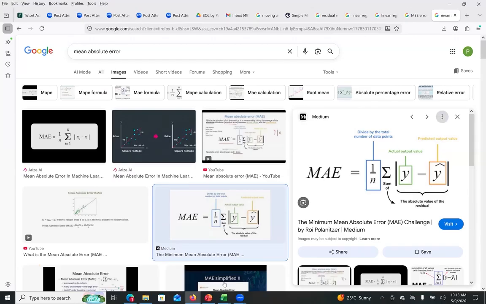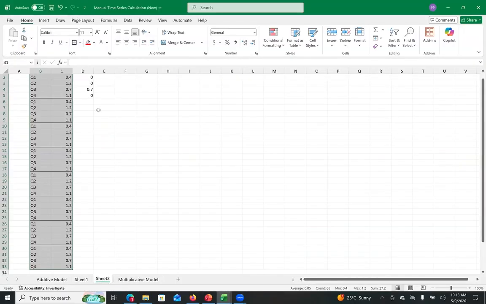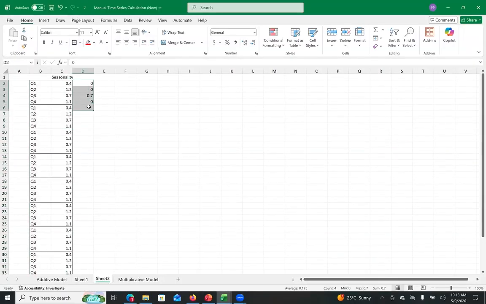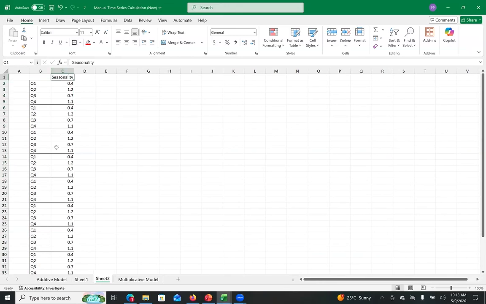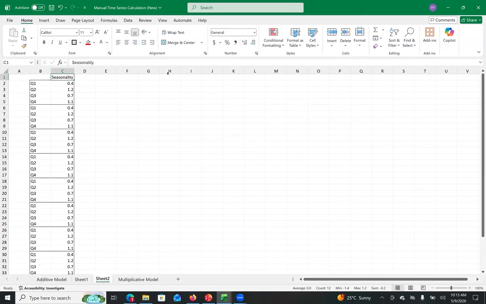So now what is happening is, if I had the pure seasonality component, it would have repeated. But currently the values are not repeating, the reason being that it is a combination of seasonality plus randomness. So for quarter one, I have different values, but these are nothing but the seasonality component, let's call it S1, which represents the seasonality component of quarter one, plus some random value.